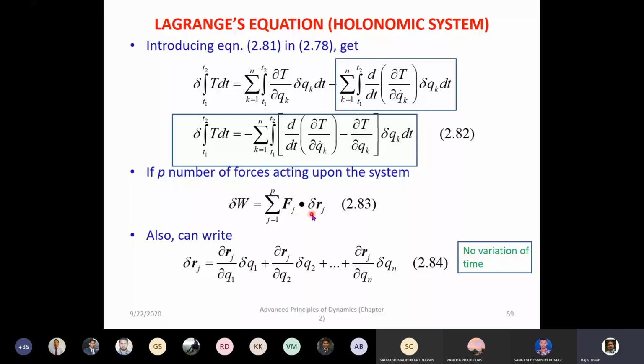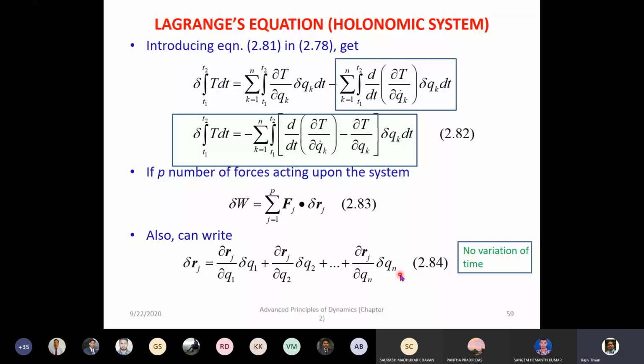This variation of the position vector, as we have seen, Ri depends upon the generalized coordinates. So this variation can be expressed just like you take total derivative terms, because Ri is a function of Q1, Q2, Qn. So we can expand like this. Here it depends upon the time also, but variation of the time we are not taking, so that term is not coming here.